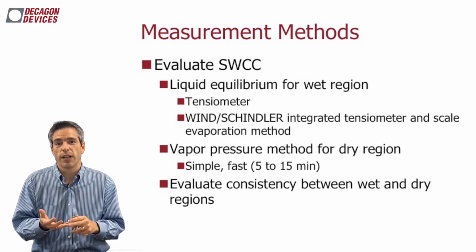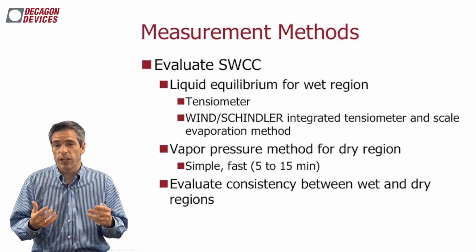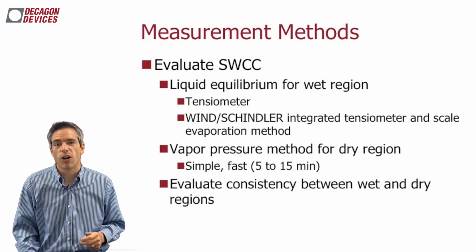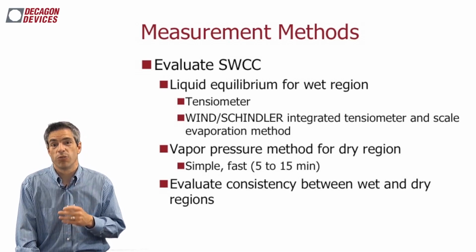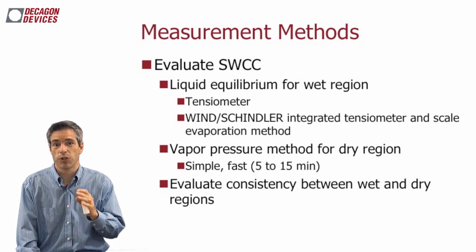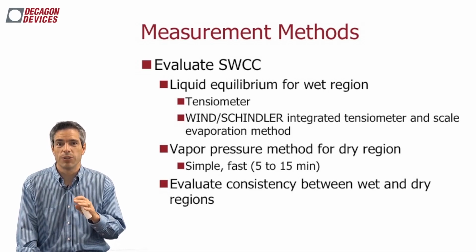We didn't choose a pressure plate and filter paper because those technologies to us really have been improved upon. What we did in our lab to make some SWCCs is, for the wet region, we talked about a tensiometer, and we're going to show you a little bit about what we did with that.